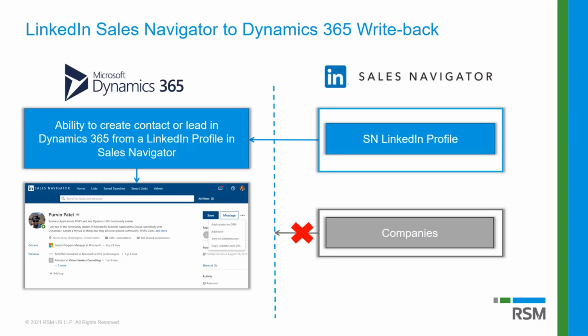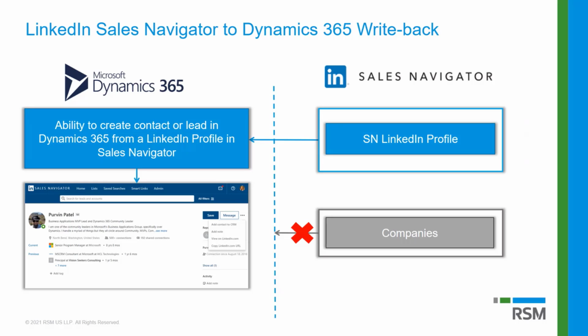So you can require an email address to be mandatory in order to create the record in Dynamics 365. And here's the thing that I really like. You actually have the ability to select the lead source value that should be associated to contacts that are created from Sales Navigator. And this also goes for leads.